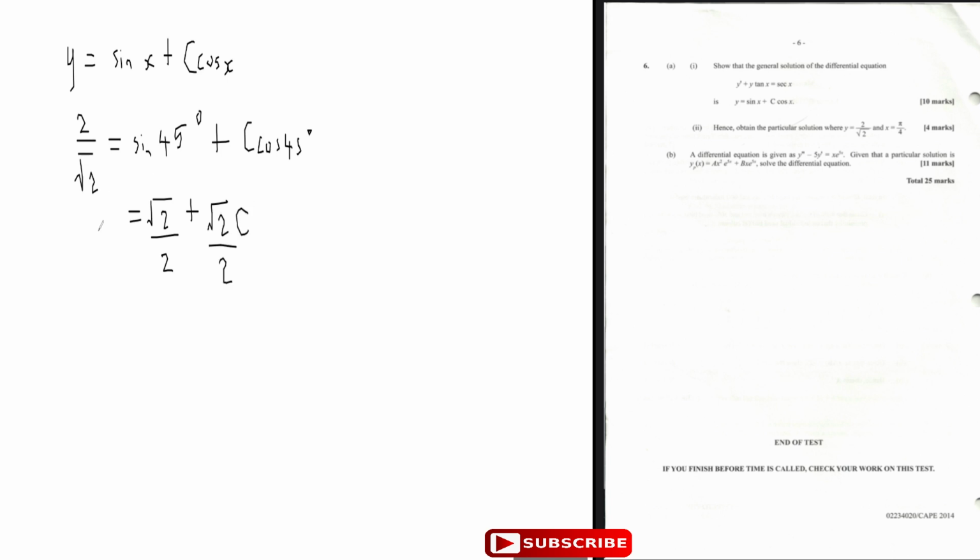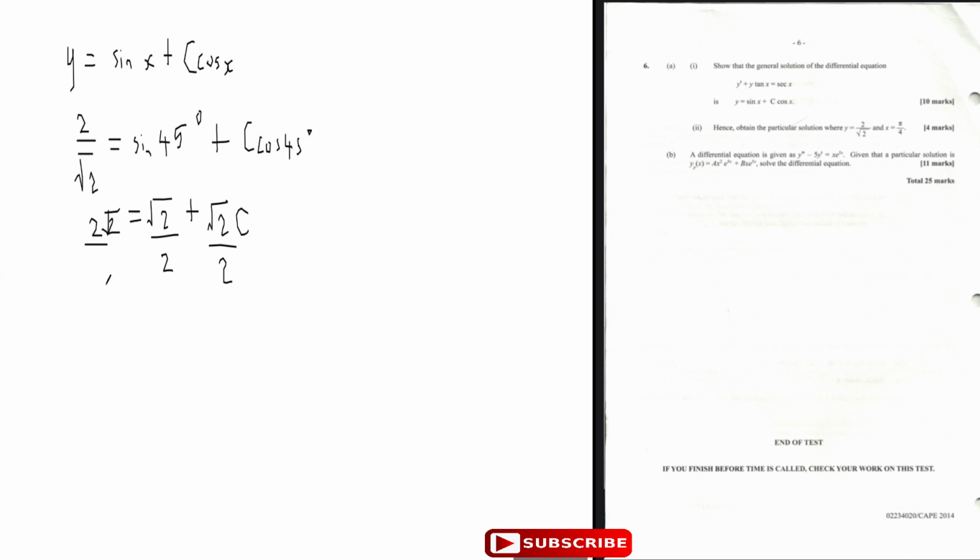And then over here we have 2 over root 2. So now we need the denominators to be the same. So I'm going to multiply this by root 2. So I'm going to write this as 2 root 2 over 2.